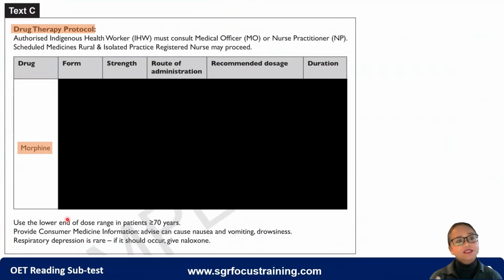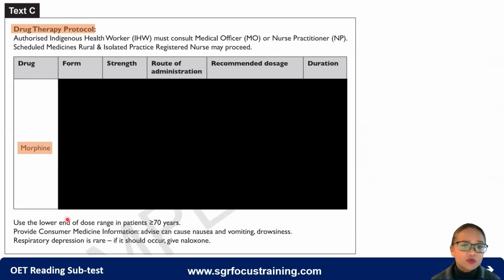So by the title alone, we can say, well, it's a protocol, which means something that we need to follow. It's a procedure. And that procedure involves therapy, which is treatment or management. But the treatment and management this time, unlike earlier, which is kind of generic, a lot of different treatments, this one is very specific to drugs. And that drug is, again, very specific to morphine.